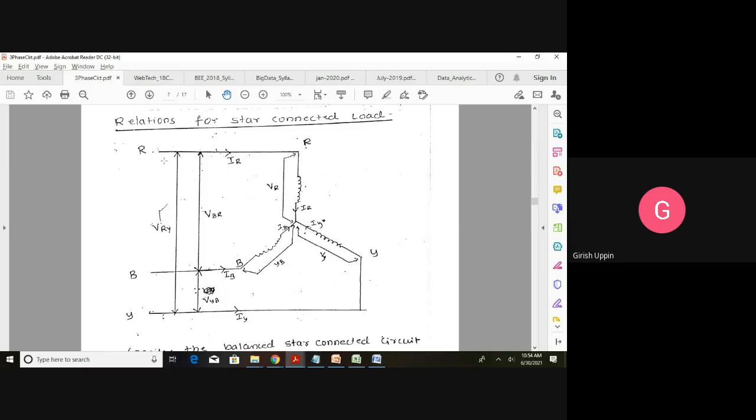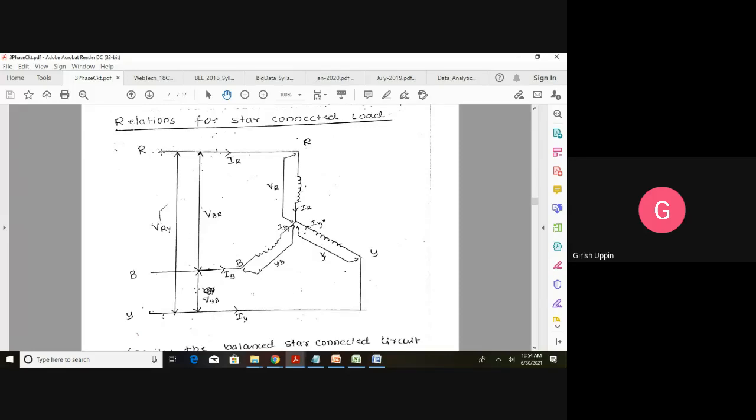Now we understood what the phase voltage and phase current are. What is the line voltage? At the terminals, if you measure the voltage between any two terminals, that is called a line voltage. That is the voltage between RB or RY or BY. Those voltages are called the line voltages. And the current entering these terminals, you can see IR, the current entering the terminal, is called a line current.